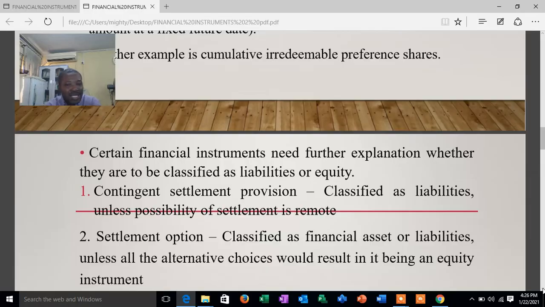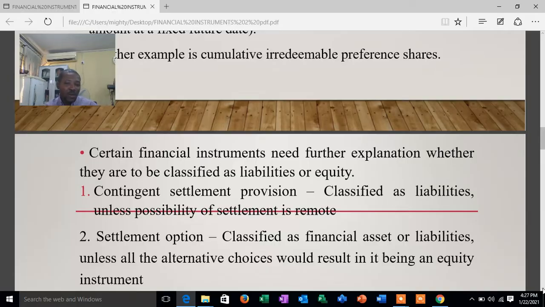So that simply means that if you have a choice as to whether you want to be settled by cash or by issue of shares in this particular transaction, then that choice makes the classification of that settlement a financial asset or a financial liability, unless all the alternative choices will result in it being an equity instrument.